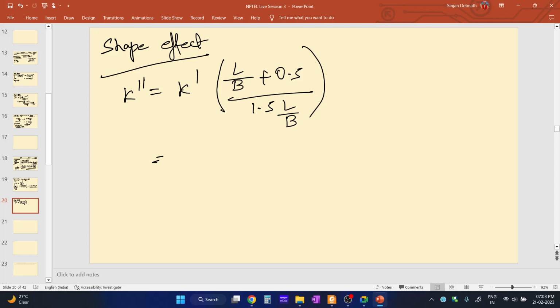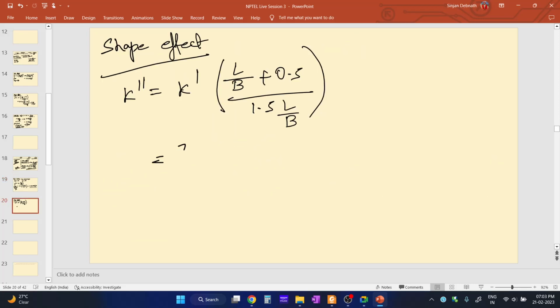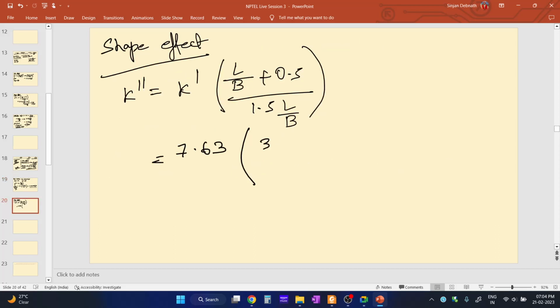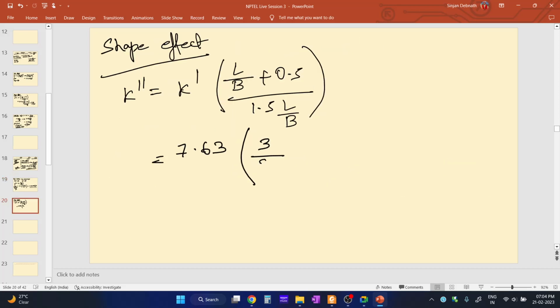So now let us write down all the values of the parameters. K dash is equal to 7.63 meganewton per meter cube. L is the length of the foundation, 3 meter, and the breadth of the foundation is 2 meter, so (3 by 2 plus 0.5) divided by (1.5 into 3 by 2).